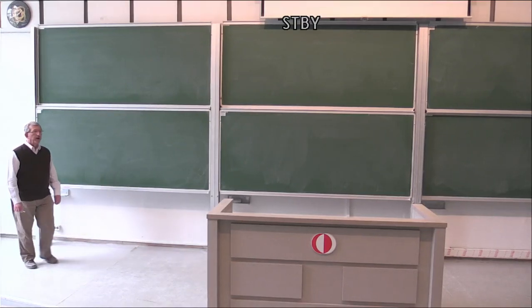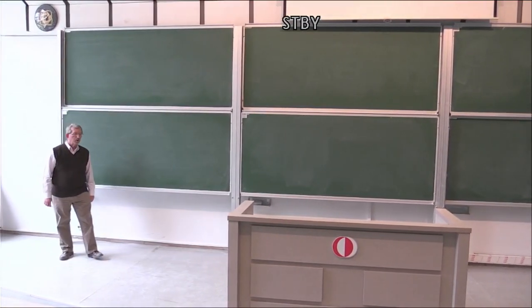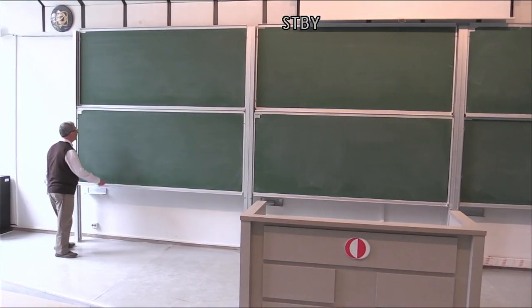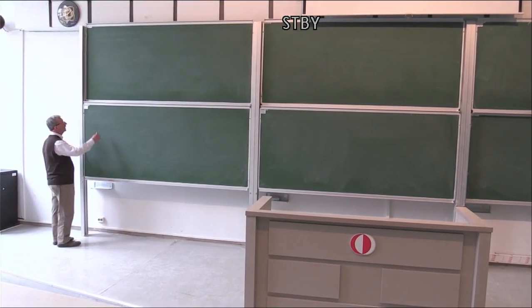Now, the second way of multiplying two vectors is the so-called vector product. It's also called a cross product because of the way we show it.